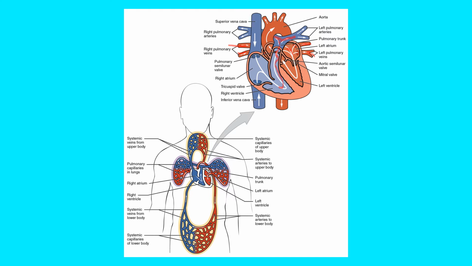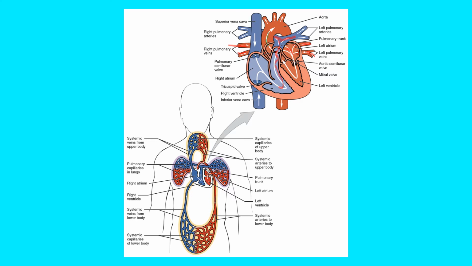And then for the systemic circulation pattern, what's going to happen here now is from the left ventricle right here, the blood is going to flow right here through one of the semilunar valves, the aortic semilunar valve.